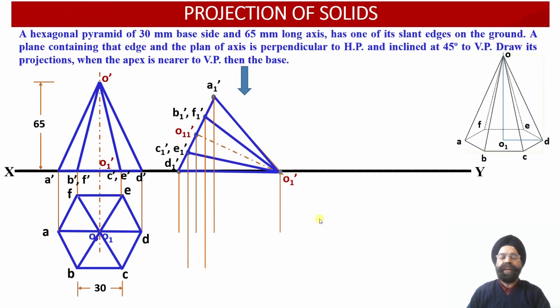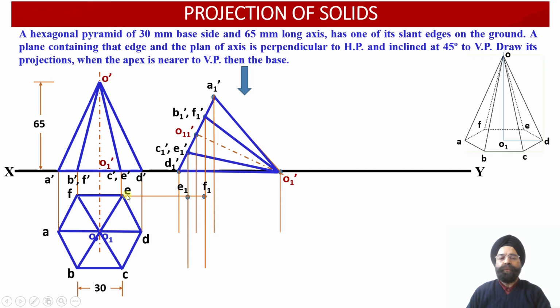So let us start with the evaluation of these plan projection corresponding points. First of all, we have these 2 points F and E over here. Through points F and E, let us draw a horizontal projector line.